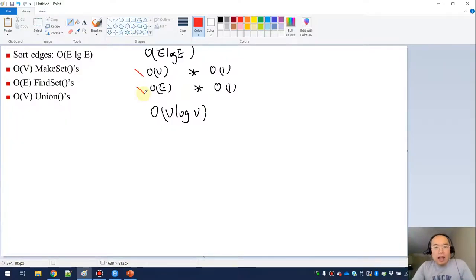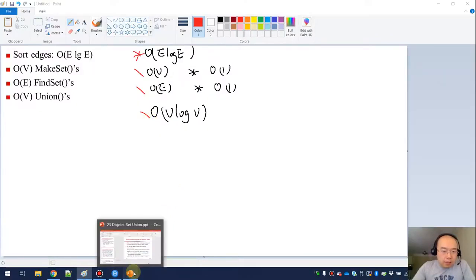Are we going to have more edges, or more vertices? Usually we have more edges, right? So this one will be the most significant part. That's the reason we say that the Kruskal algorithm is an O(E log E) algorithm. Okay, and the next thing is we want to come back.